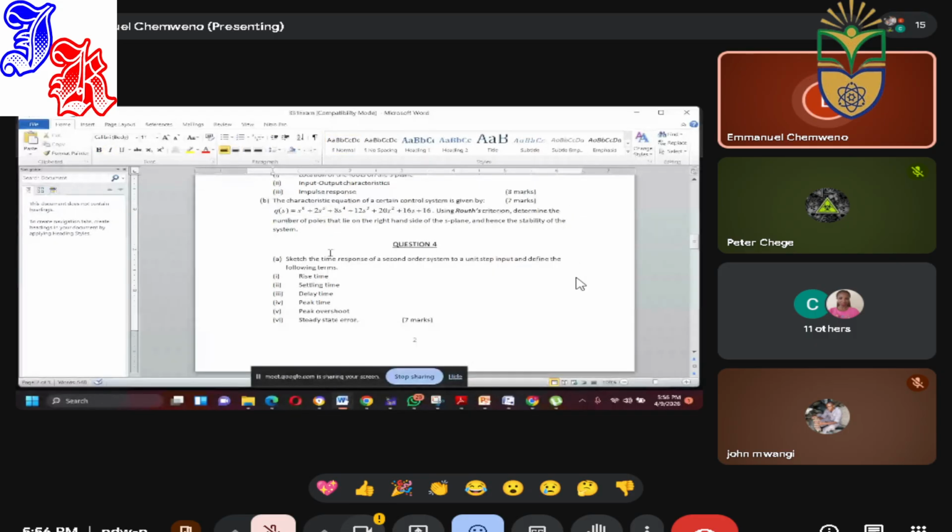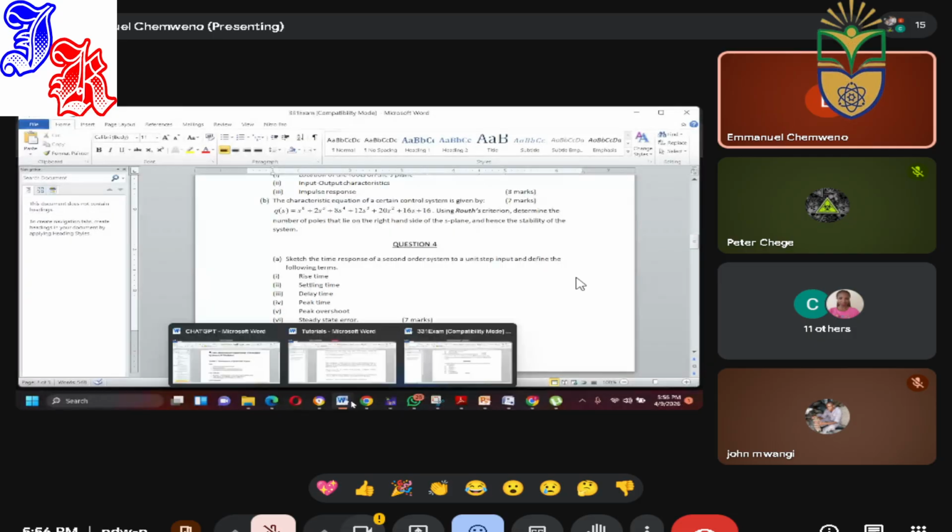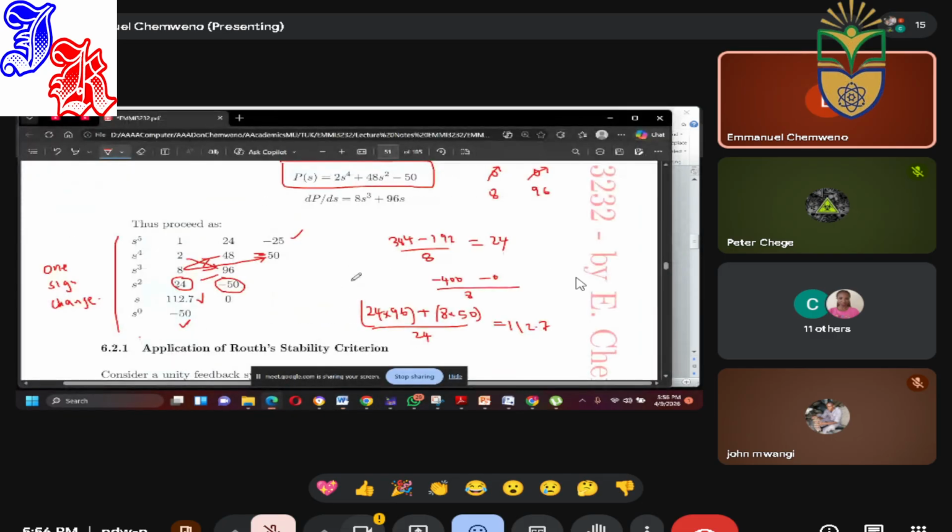This is an old question. S to the power 6 plus 2s to the power 5. Can check this.